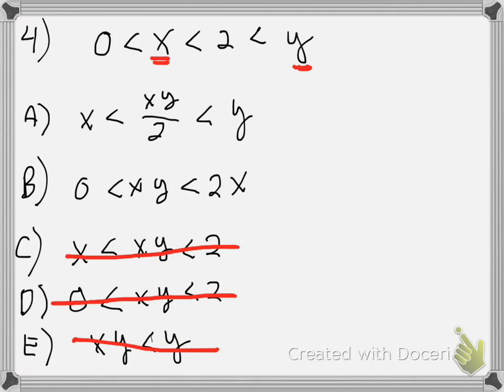If x is 1.9, 2 times 1.9 is about 3.8. Okay? 1.9 times 456,000 is a little bit north of 1.8 million. So right away, that one is now gone. Okay, we've gotten rid of 4 answers. That tells us that A has to be correct. And that is the correct choice.